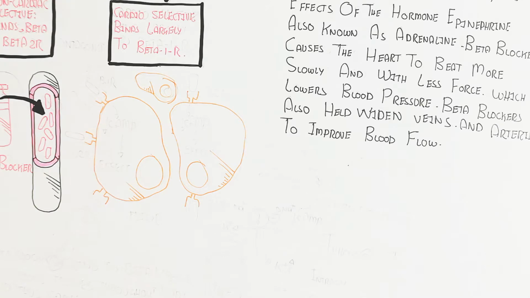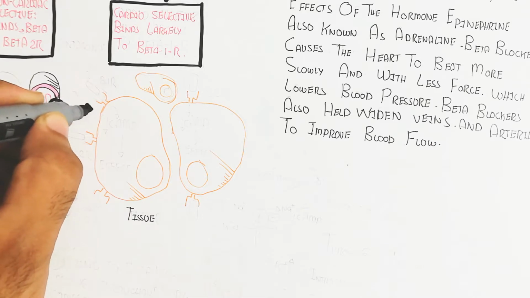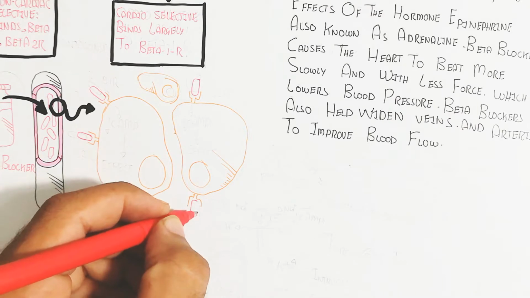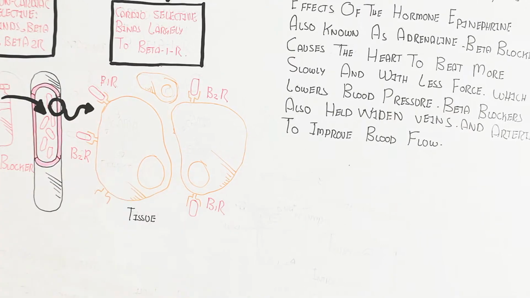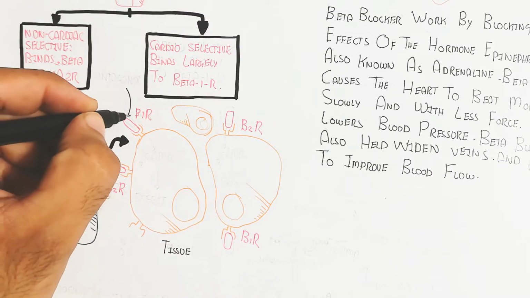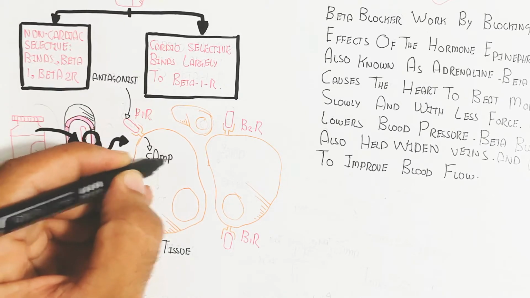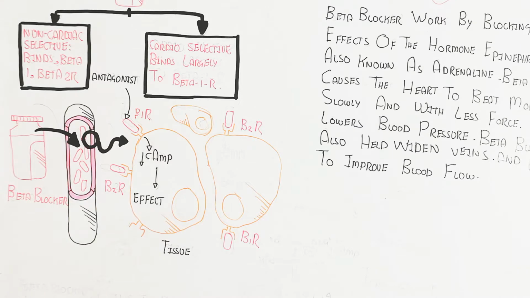The cyclic AMP decreases, and leads to different effects for the beta 2 receptor when bound. This is competitive binding, a competitive molecule against the epinephrine. So the epinephrine will not bind, because the blocker takes the place for binding. This is the antagonist, meaning it acts against the epinephrine.